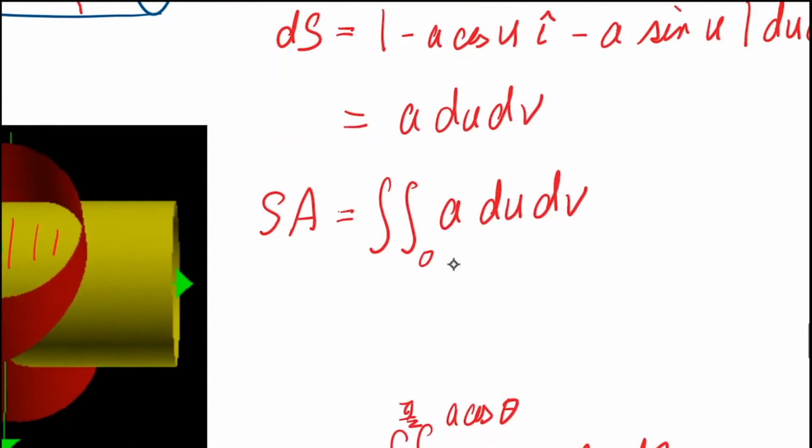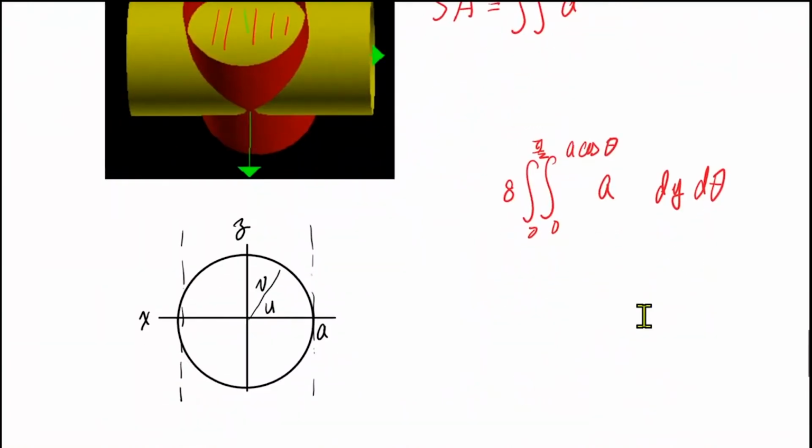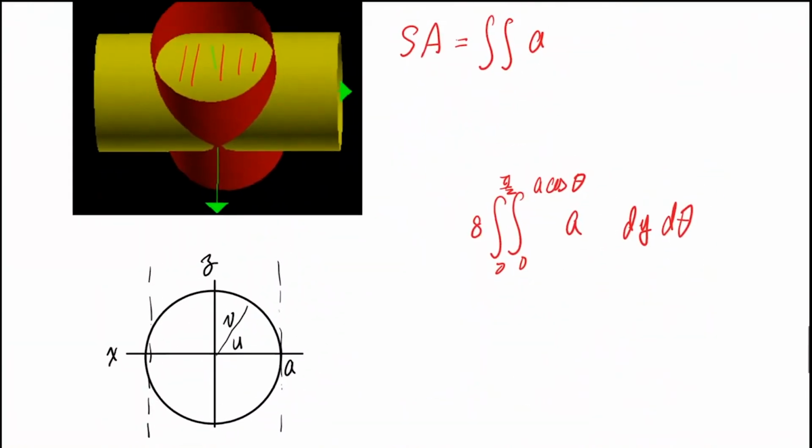Okay. I'm going to erase this. Let's just think like this. So we are looking at this from the side view. That means this is x and this way. We are looking at it from the top view. So this is x and y.